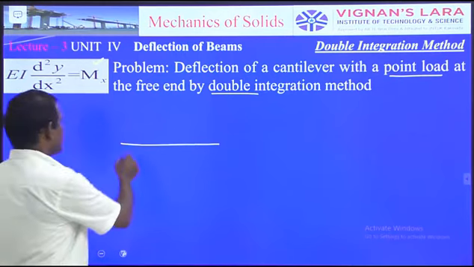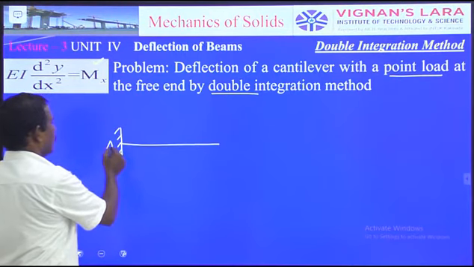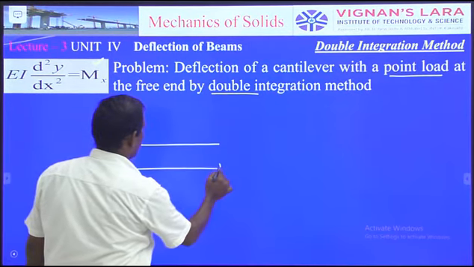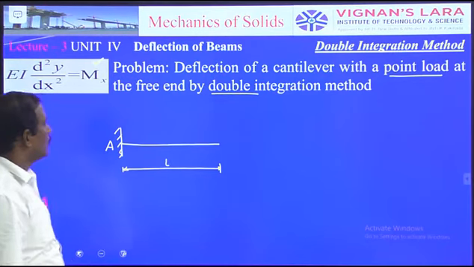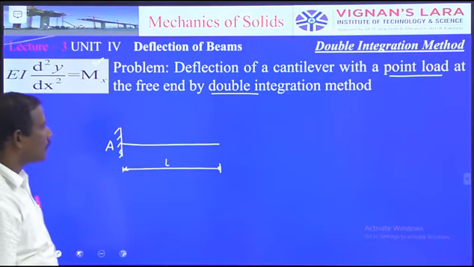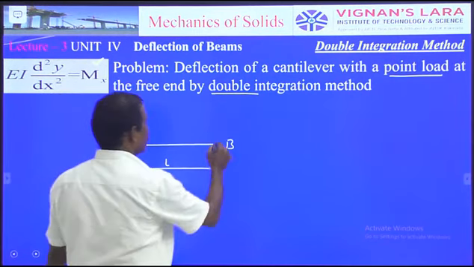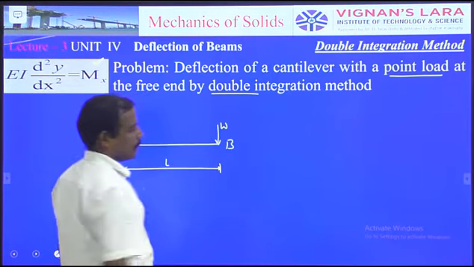One of its ends is fixed, that is at A. The overall length of the beam is L. A point load of magnitude W is applied at the free end, which is B.